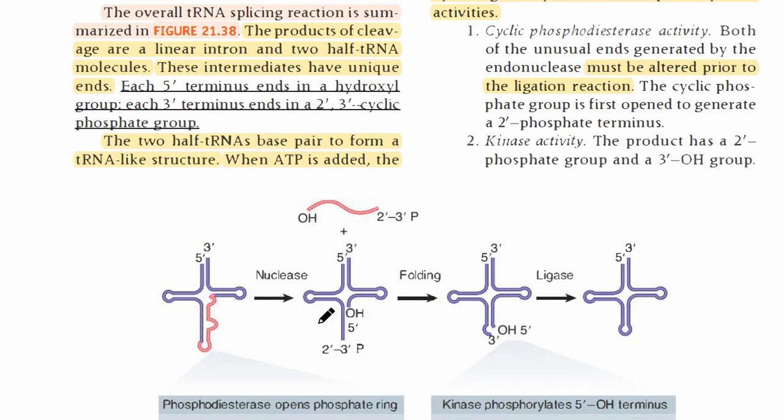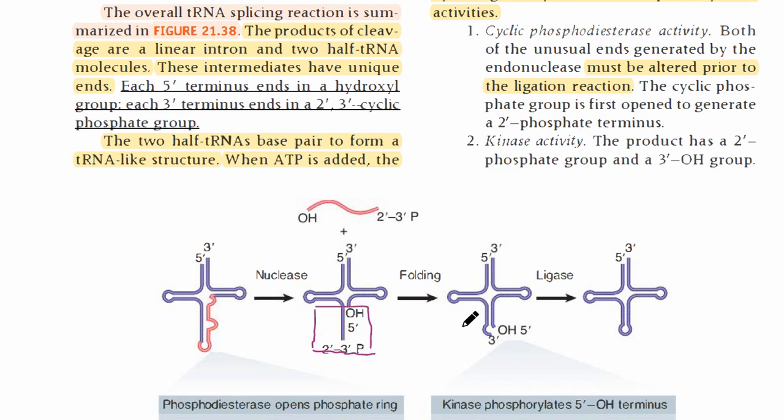These two half tRNA molecules have unusual ends. What is that? It is 5' OH and 2' to 3' cyclic phosphate.